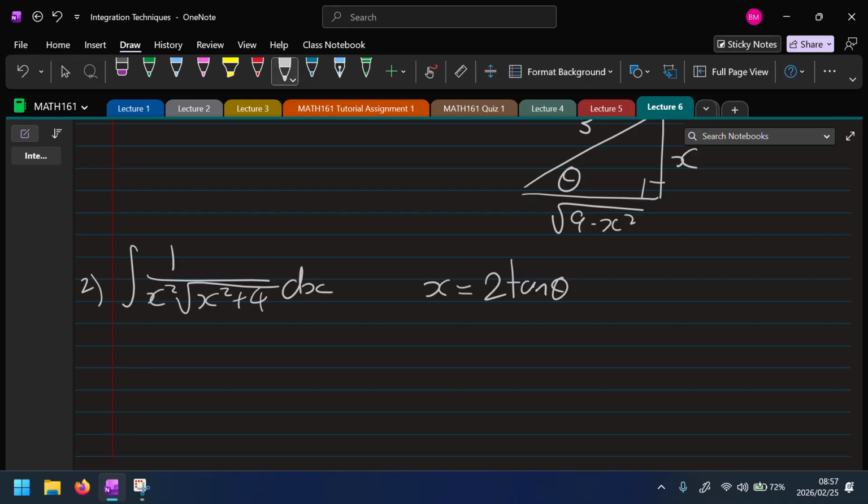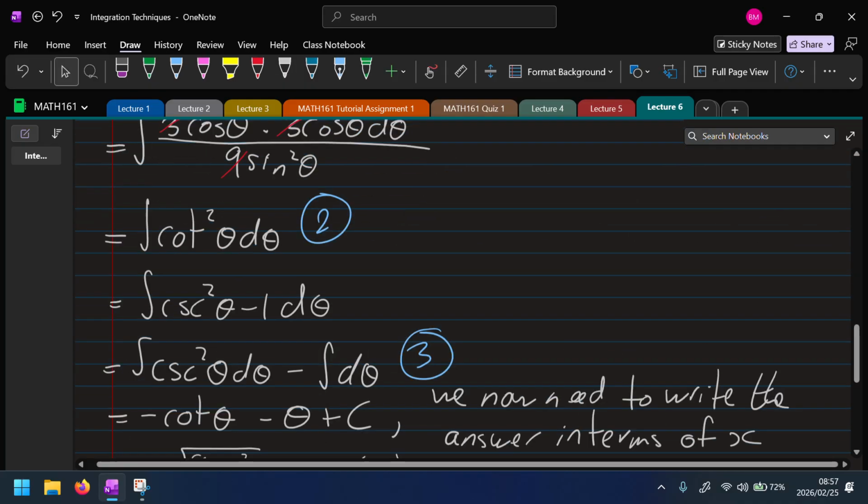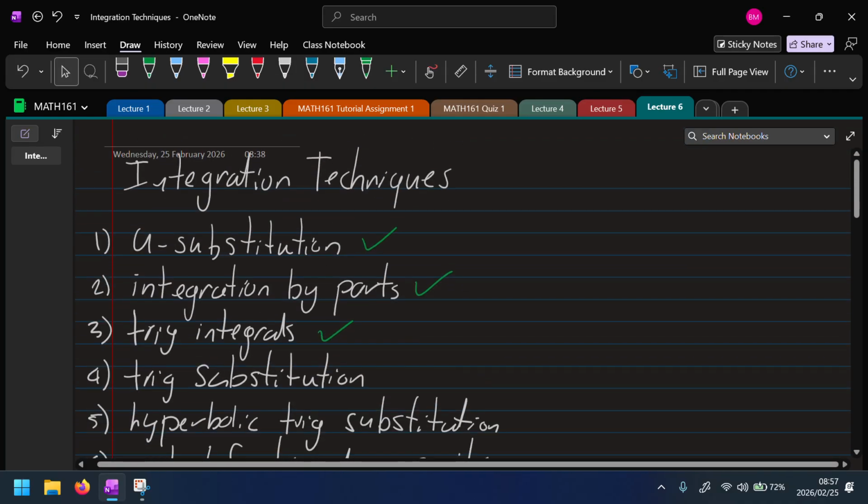We also need dx, so let's find out what that is. Okay, derivative of tan. Please remember your derivatives, right? Tan goes to sec squared, all of that, so that you can find your dx. Okay, let's just go through that quickly.